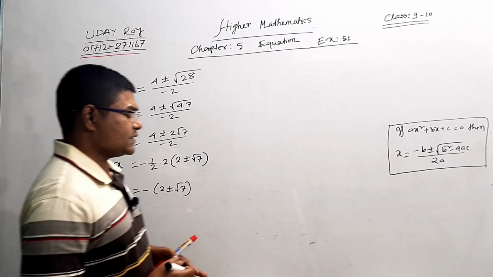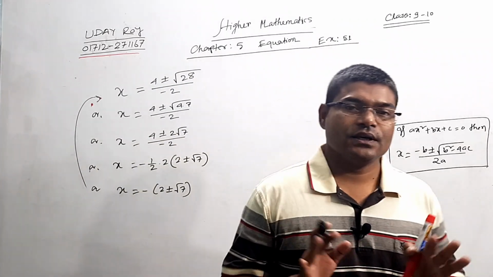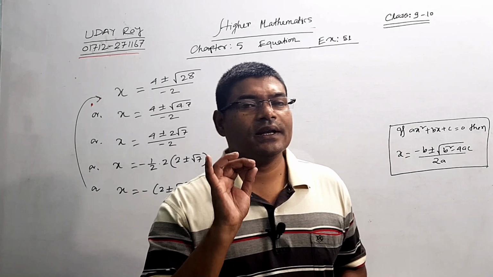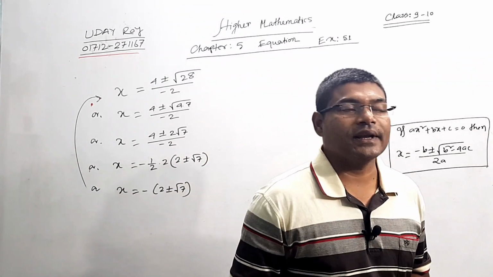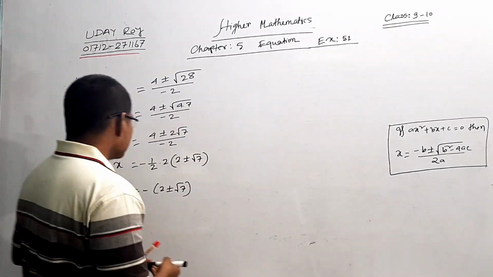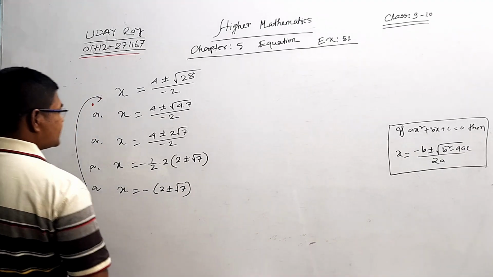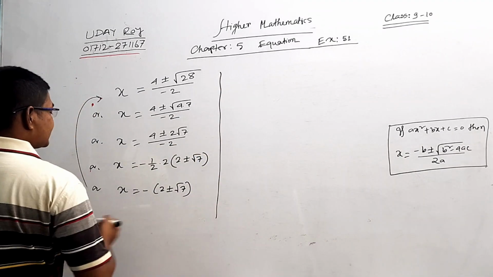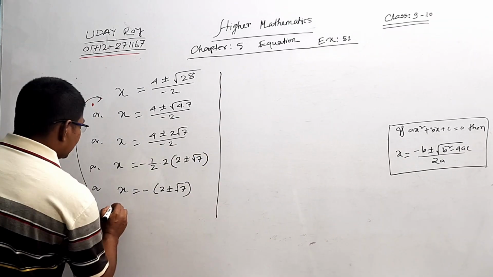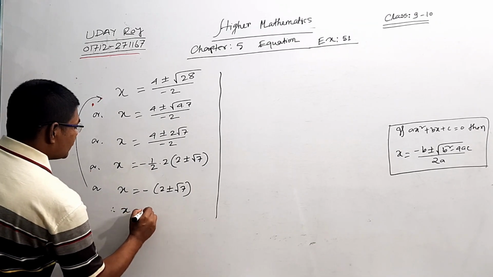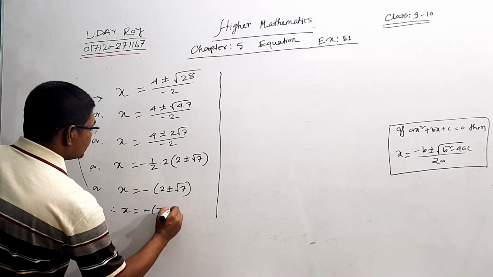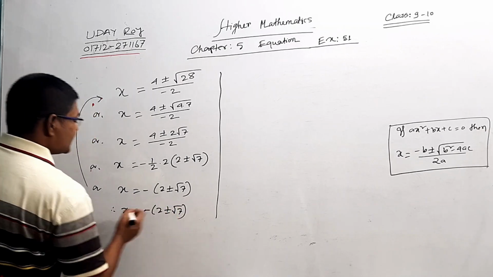This is a quadratic equation. In a quadratic equation, two roots will come, because here is plus and minus. That means we can write, therefore x equal to minus square root of 7.